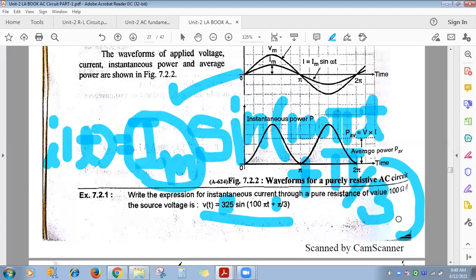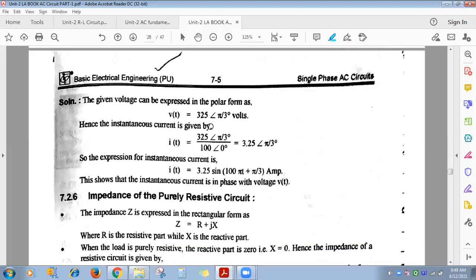So what will be I_m? 3.25, isn't it? V_m by R is equal to I_m. 325 divided by 100 will be the I_m, 3.25. So 3.25 sine of 100 pi t plus pi by 3. Got it? Any difficulty?